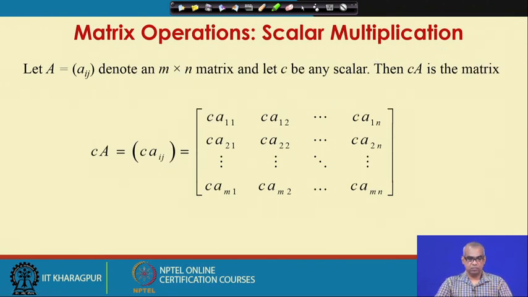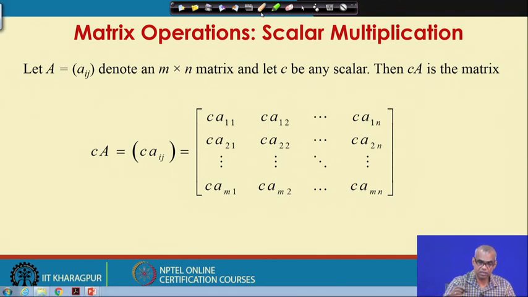Scalar multiplication. If A equal to a_ij denotes an m by n matrix and let c be any scalar, then the matrix cA will be a matrix with the elements of A, but each element multiplied by the scalar c, as you can see in this matrix.